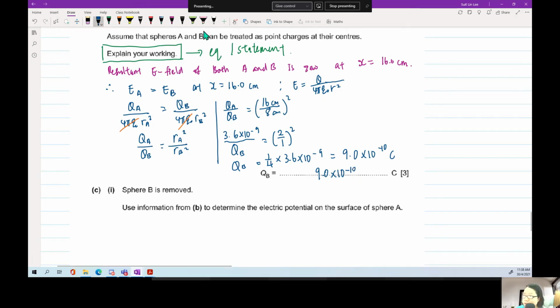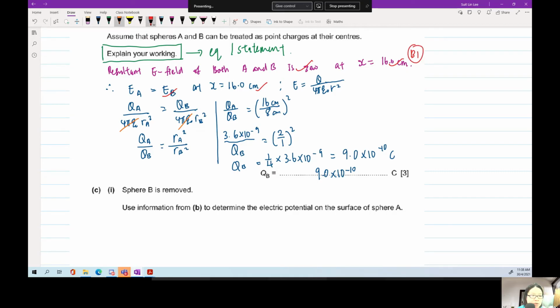So where are the marks? At 16 cm, at x is equal to 16 cm, EA equal to EB. Okay, or the resultant of force is 0 at 16 cm. This one is B1.